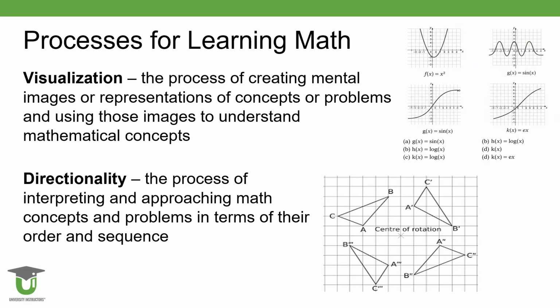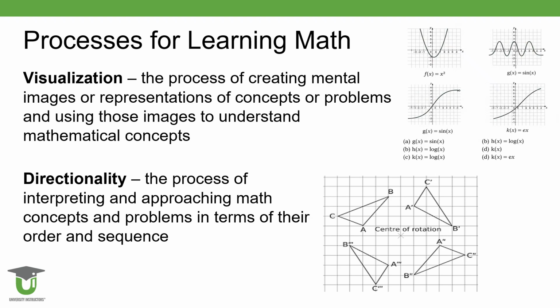What is the connection between the 2? How can one strengthen the other? A person can picture something and then mentally manipulate the order or sequence of that image. This strengthens directionality and visualization.